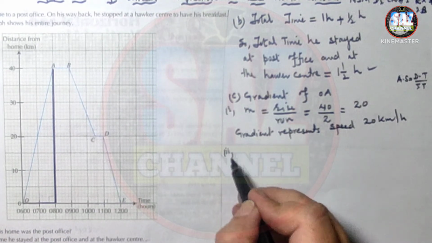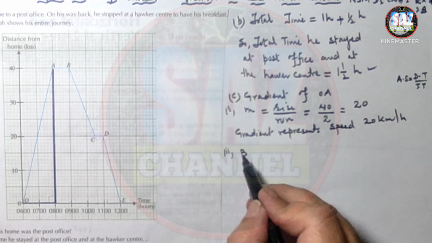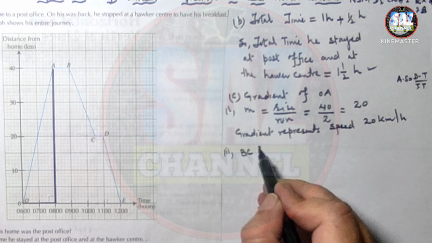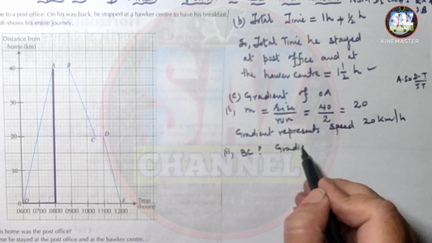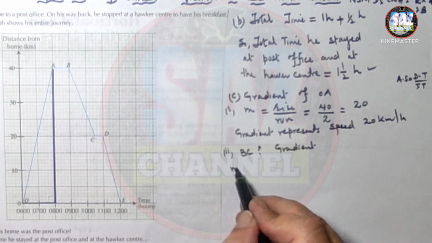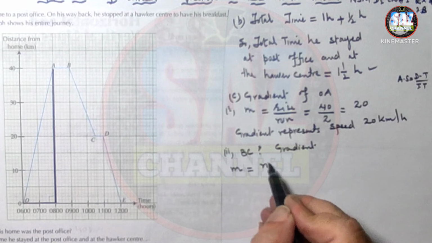Then we have to find the gradient of BC, B to C. Again the formula will remain the same, rise upon run.